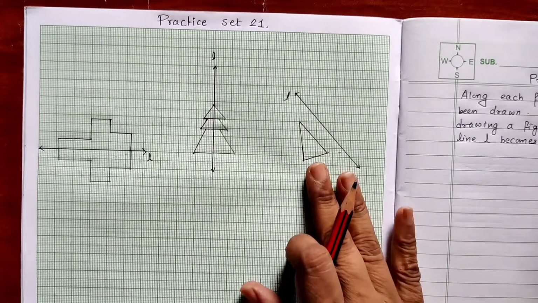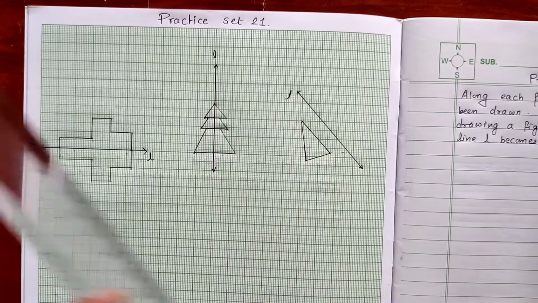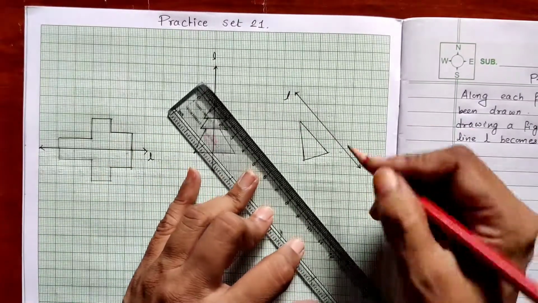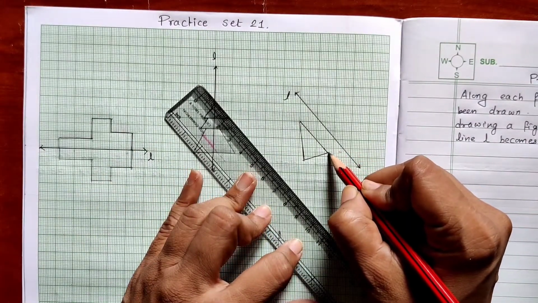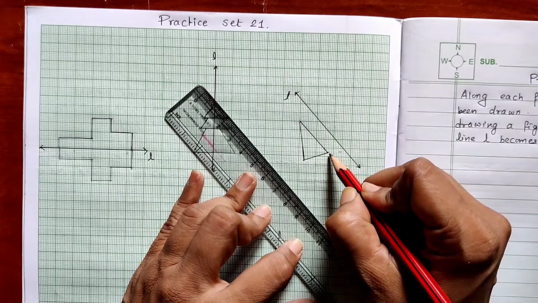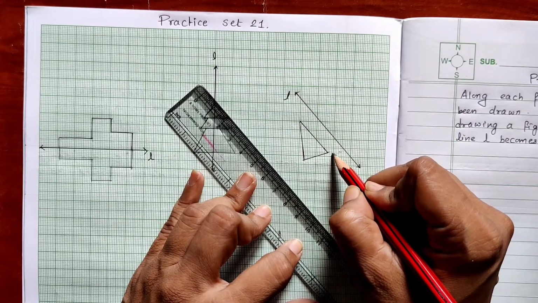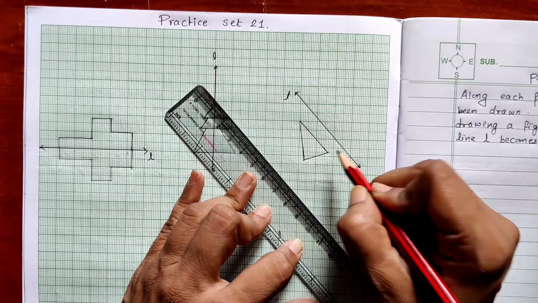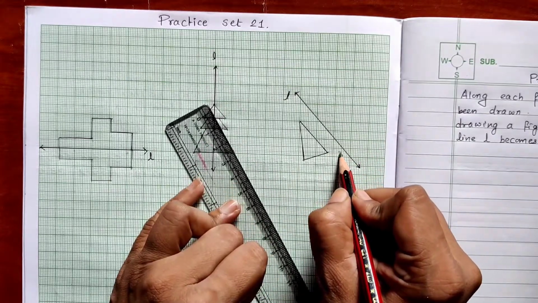Now let us draw this triangle. You can measure these lines 1 2 3 4, or you can either make the points.